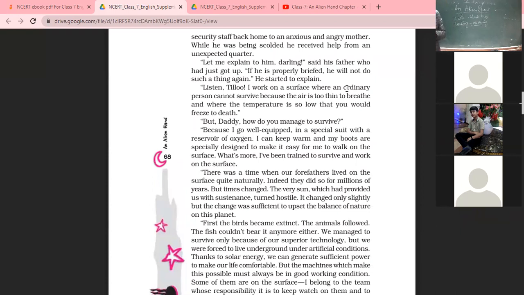Listen, Tilu. Now his father started telling him what he said. He said, listen, Tilu, I work on a surface where an ordinary person cannot survive. Survive means cannot live because the air is too thin to breathe and where the temperature is so low that you would freeze to death. Now his father said, Tilu, just listen to me.